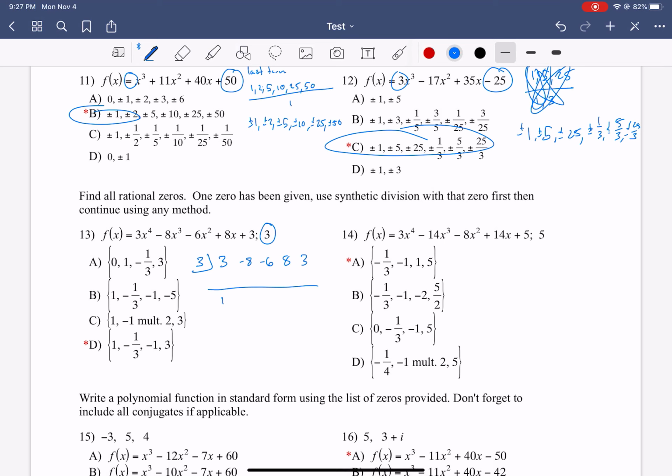And then multiply, so 3 times 1 is 3, add them up, negative 5. 3 times negative 5 is negative 15, add them up. We get negative 21. What? I'm doing something wrong here.